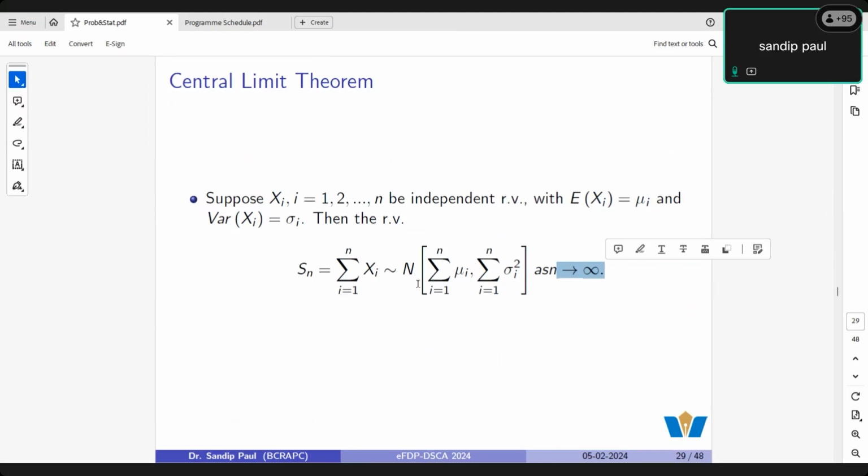In other words, if we consider n random variables with n sufficiently large, then their sum will follow a normal distribution with mean equal to the summation of the means and variance equal to the summation of their individual variances.